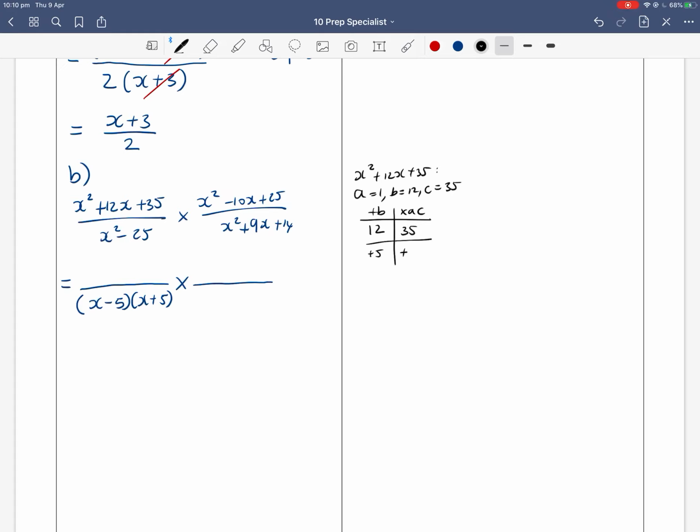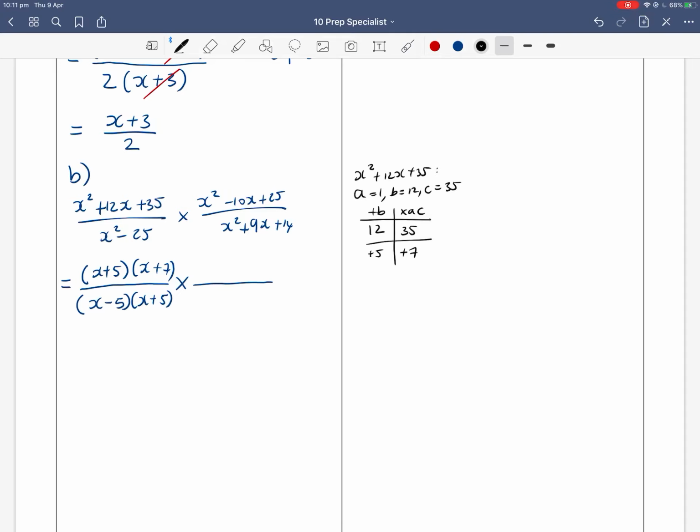A plus 5 and a plus 7 multiplies to be 35 and adds to be 12. So back over here, x plus 5, x plus 7, we have factorized the numerator of the first fraction.